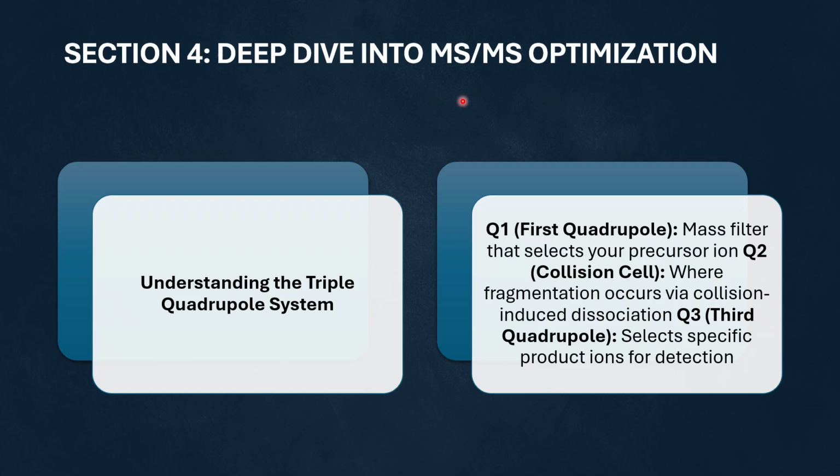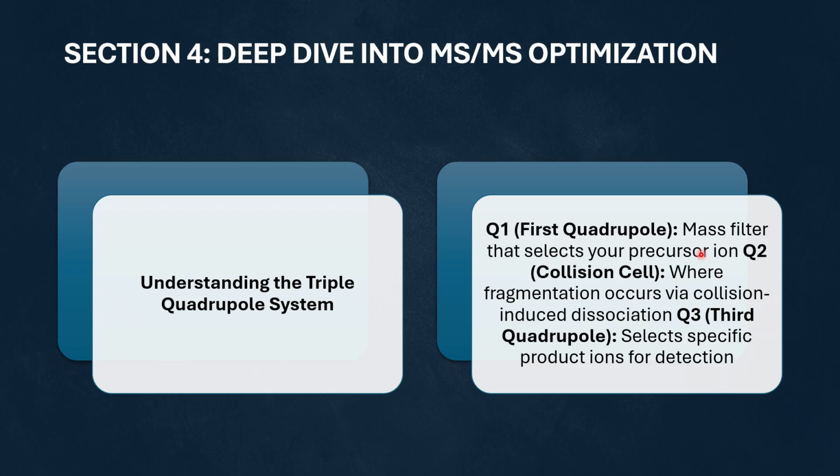Now let's learn about MS-MS optimization. Before coming to optimization, let's understand what a triple quadrupole system is. A triple quadrupole system consists of Q1, Q2 and Q3, where Q1 and Q3 are your mass analyzers, where your mass is getting filtered, and Q2 is nothing but your collision cell, where fragmentation of your precursor ion happens.